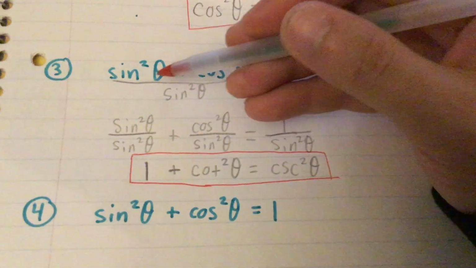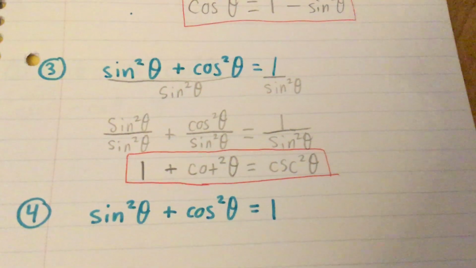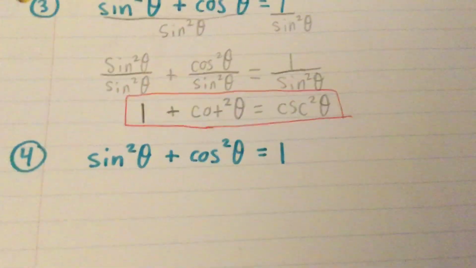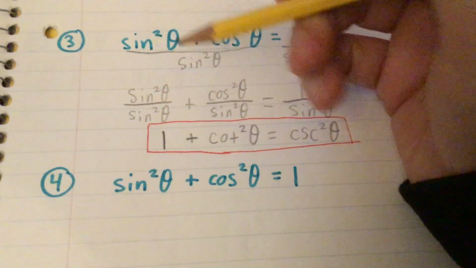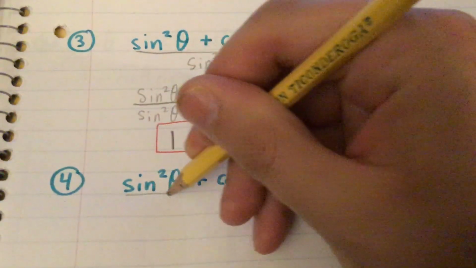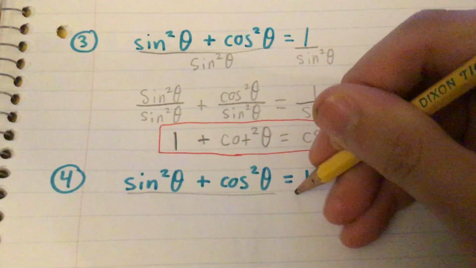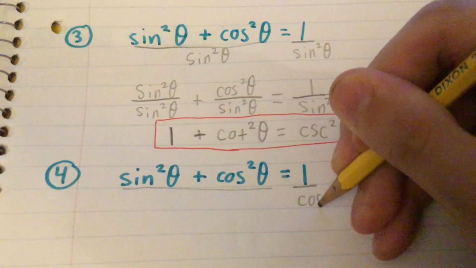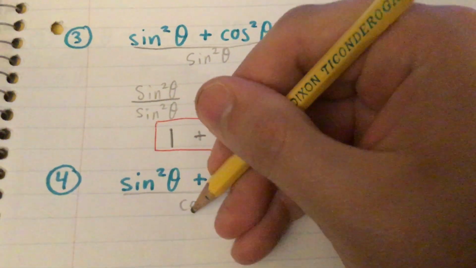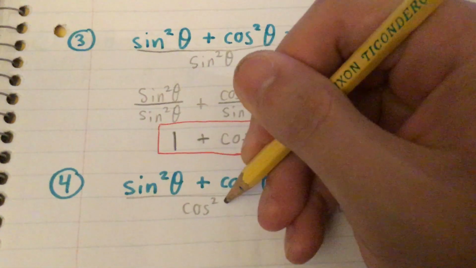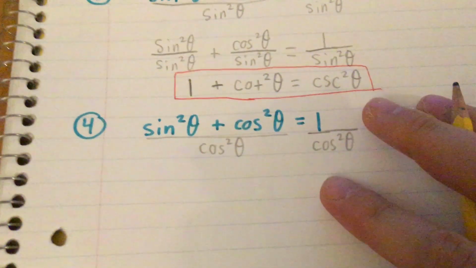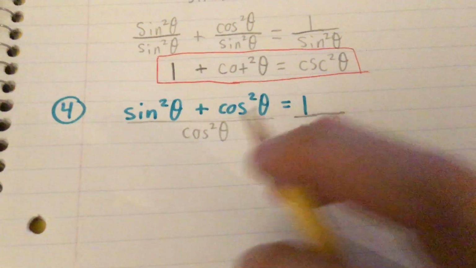So remember, I divided both sides of the equation by sine squared of theta. So let's go back to sine squared plus cosine squared. If I divided by sine squared of theta on both sides, why not? Let's see what happens if I were to divide both sides of the equation by cosine squared of theta. Once again, if I were to divide addition by one term, then each of the terms gets that divisor.